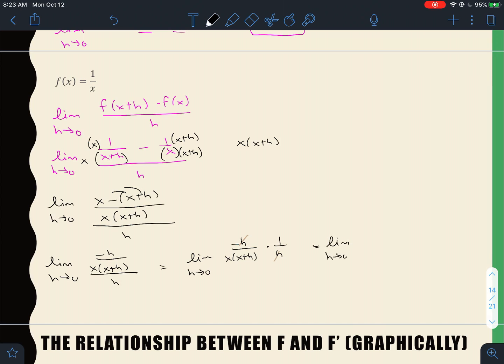So now I have the limit as h goes to 0 of −1 over x(x + h). Well, if h goes to 0, then I have x + 0, so this is just going to be −1/x². So the derivative of the original function 1/x is going to be −1/x².